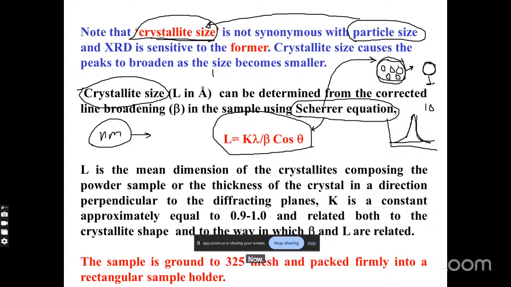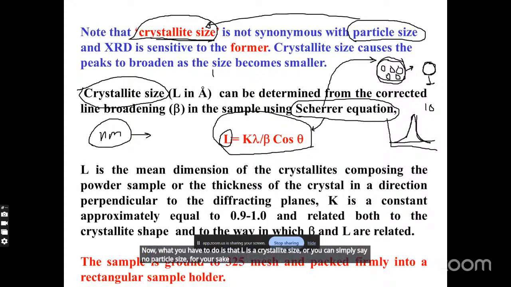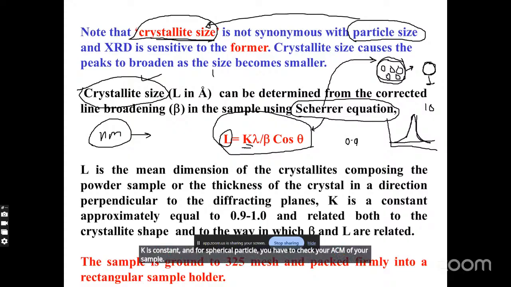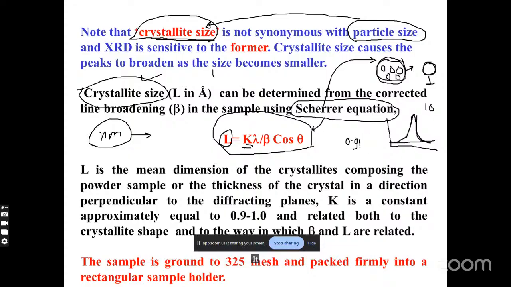Now, L is the crystallite size, or for your convenience you can simply say particle size. I never call it particle size; I always call it crystallite size. You can determine it using this equation where K is a constant. For spherical particles, you have to check the shape of your sample; it is 0.91 for a sample having spherical particles.